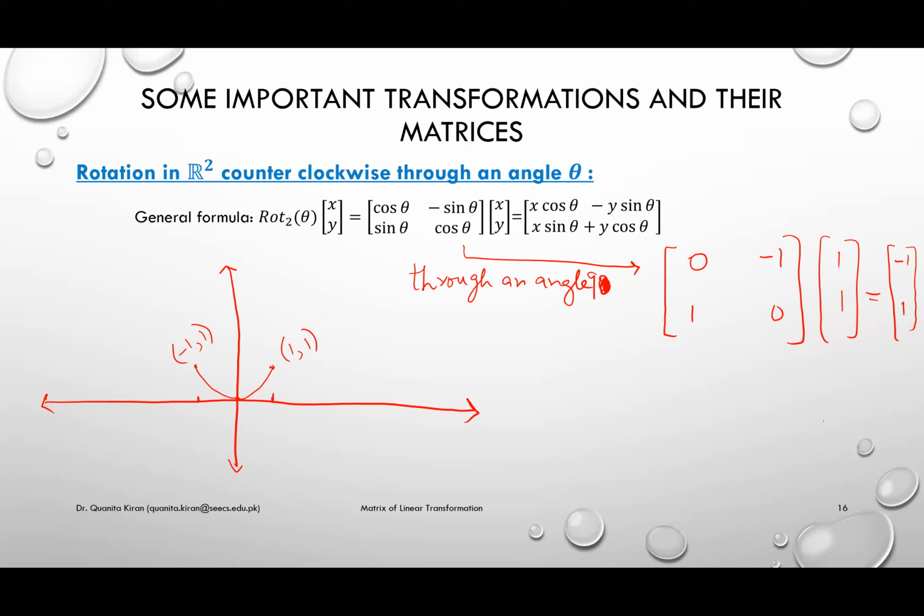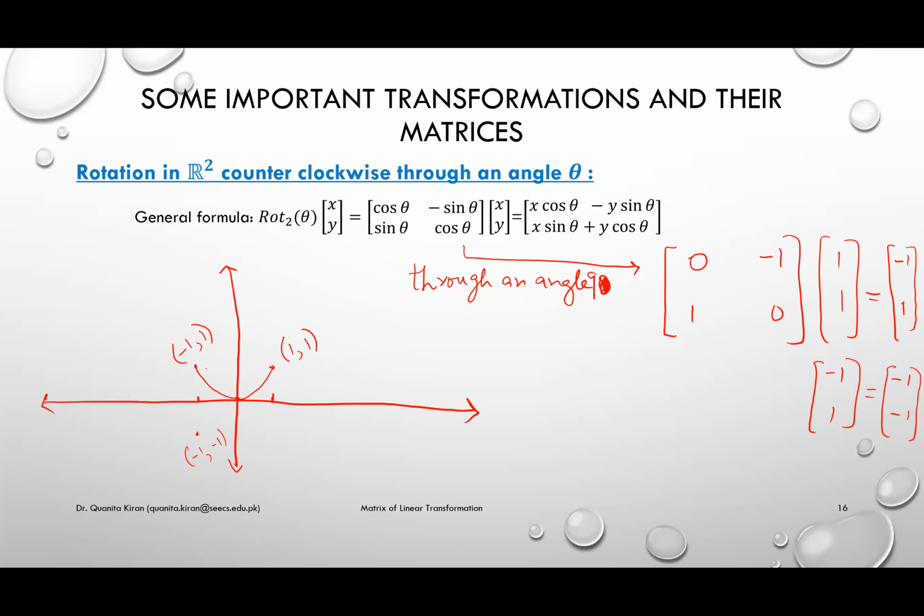And if we apply this on (minus 1, 1), then it gives us (minus 1, minus 1). And (0, 0) remains the same because this transformation is a linear transformation. So this point maps onto this point, and this point maps onto here, that is (minus 1, minus 1).